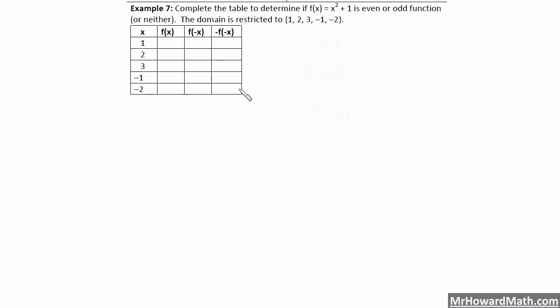Okay, to make this easier, let's let our calculator do a lot of this work. So algebraically, we know that f of x equals x squared plus 1, so we can just put that in our calculator. F of negative x is going to be equal to negative x squared plus 1, which just equals, negative x times negative x is still just x squared, so it's x squared plus 1. So that's our f of negative x.